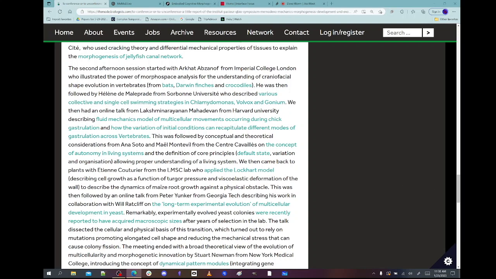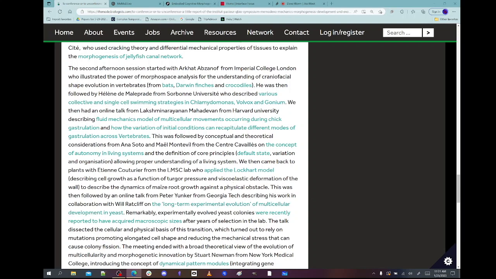Then we had a set of computational and theoretical considerations on the concept of autonomy and some of the core principles that play a role in autonomy and how that relates to these issues of growth and development.